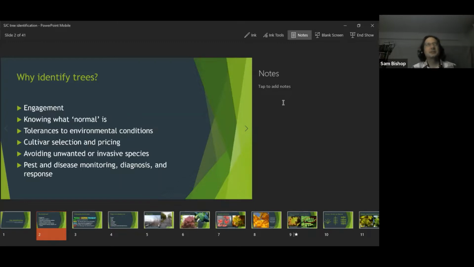Again, this is more on the purchasing side, but what we call cultivar selection and pricing. And cultivar is a term we'll use tonight. It's short for, and means, cultivated variety. That means that it's one particular variant on what you would normally see of that tree in nature that's been selected for some reason.